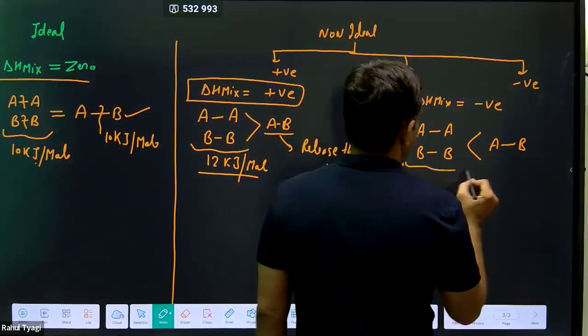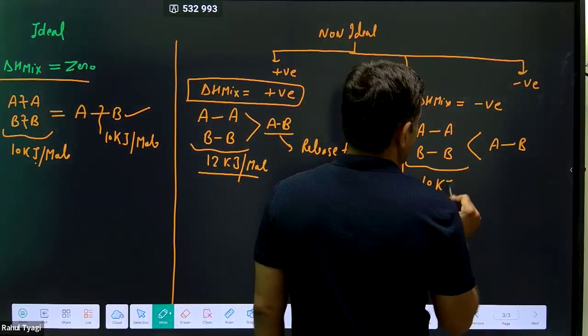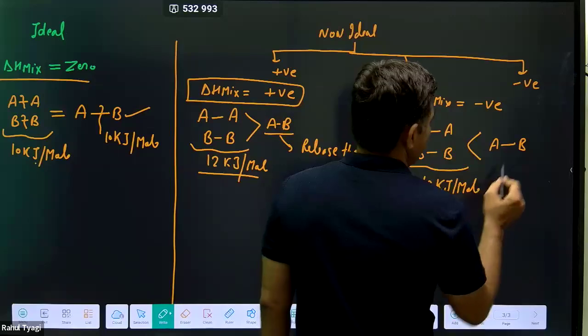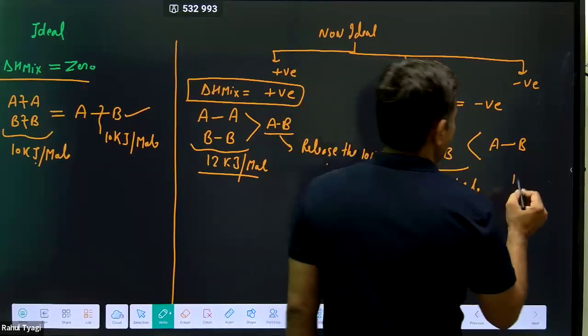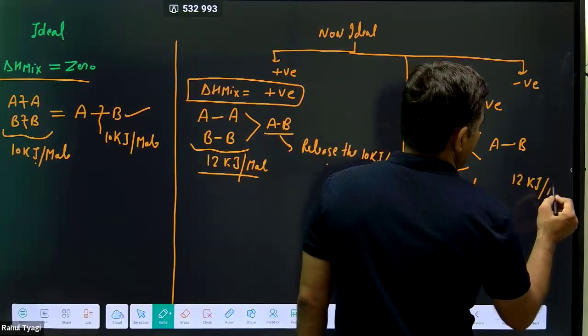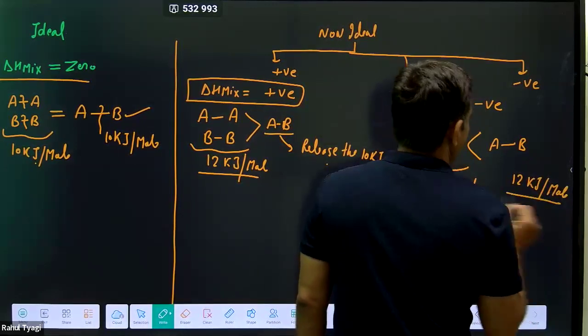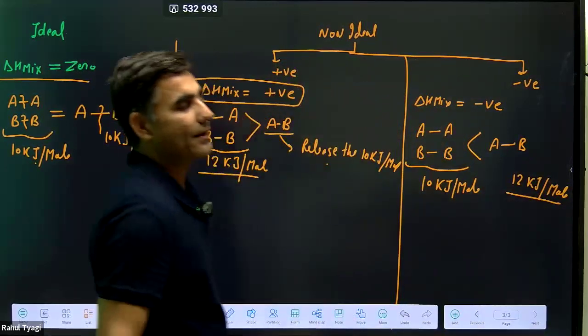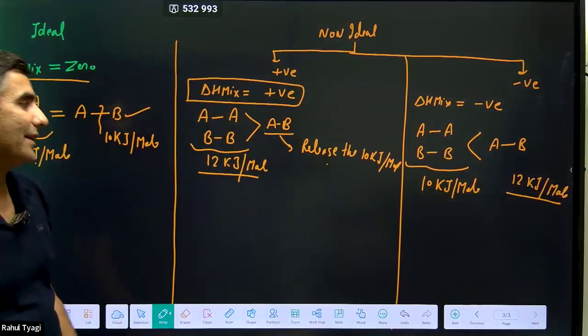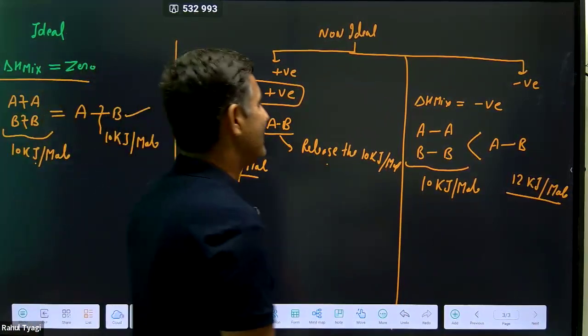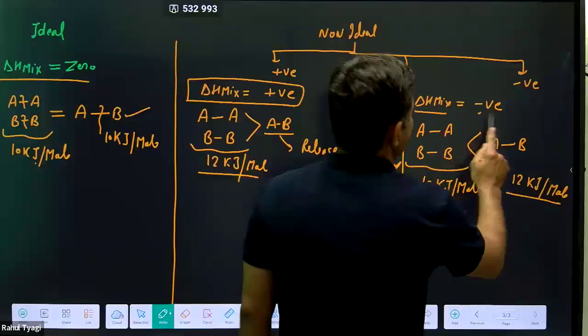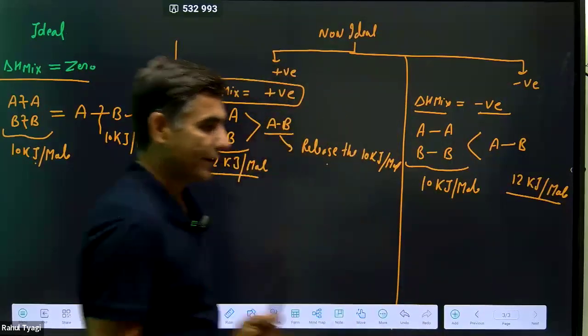Suppose to break the old bond I need 10 kilojoule per mole of energy, but the strong new bond releases 12 kilojoule per mole. It indicates overall energy is released, and when overall energy is released, we can say the delta H of mixing is negative. Hope you got it.